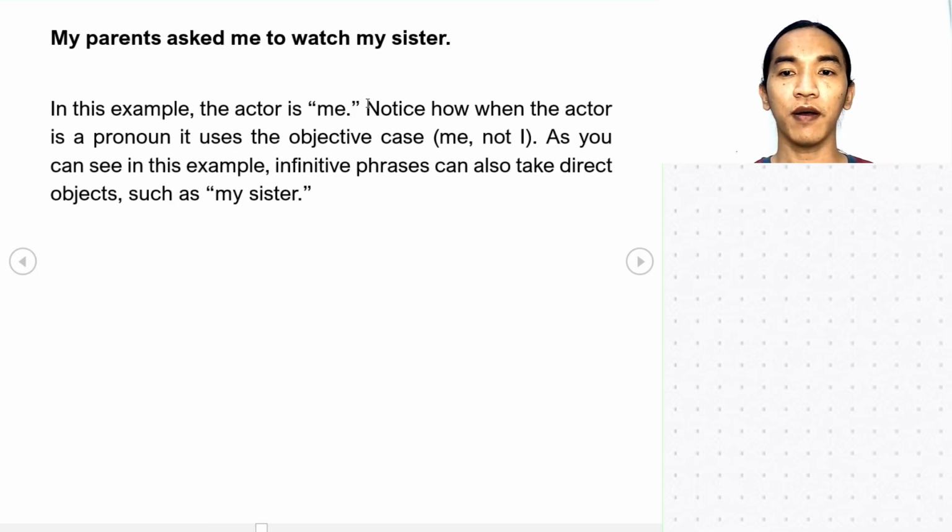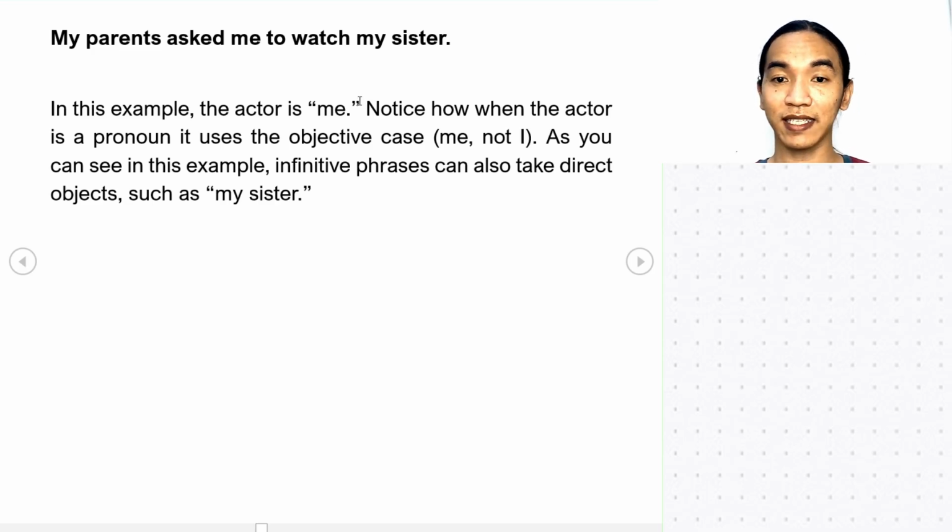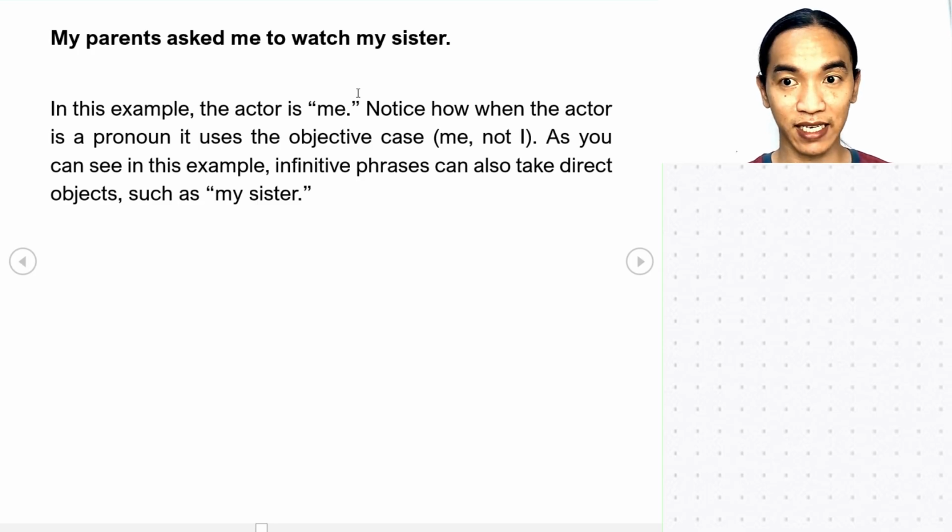Now, my parents asked me to watch my sister. In this example, the actor is me. Notice how when the actor is a pronoun, it uses the object case, me. As you can see in this example, infinitive phrases can also take direct objects such as my sister. To watch my sister.